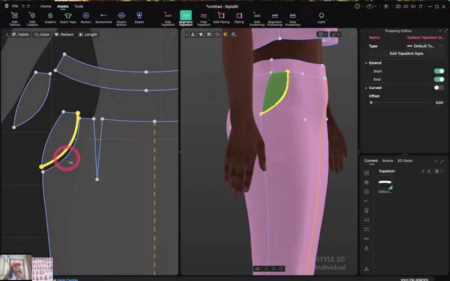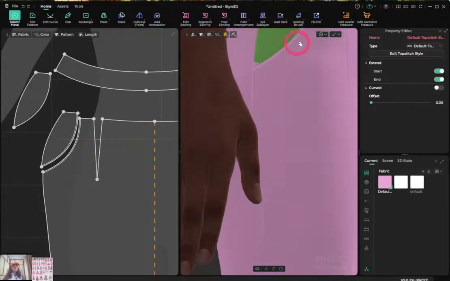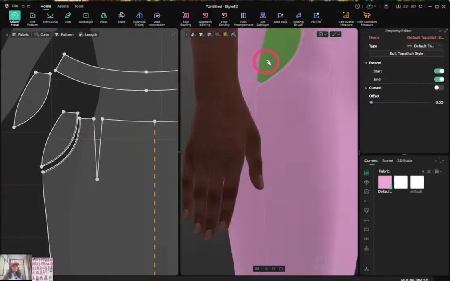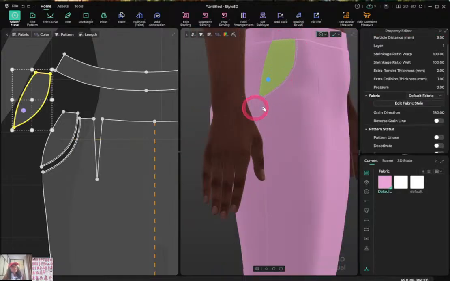Here and here. I'm going to exaggerate and make 2. Okay, then simulate. So now you can see there are 2 lines here, right? 2 lines there, and you'll be able to tell that this is a pocket.